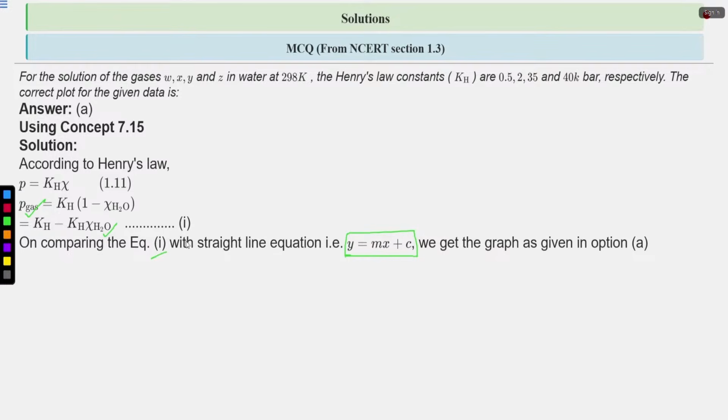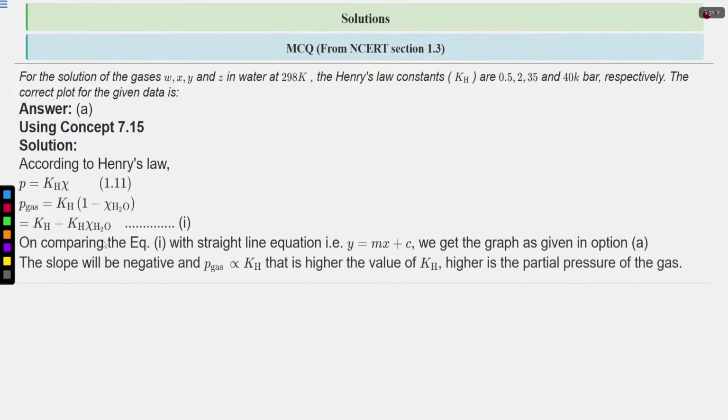When you compare this equation with the straight line equation y equals mx plus c, we get the graph which is given in our option A. The slope will be negative because minus KH is the slope, m. Here in this equation, m is minus KH. You can see the slope is negative.